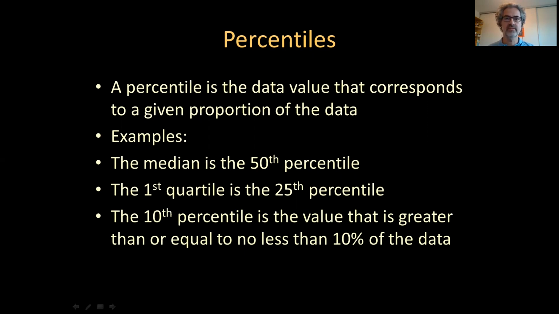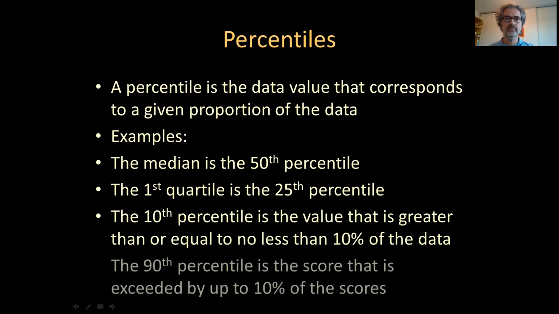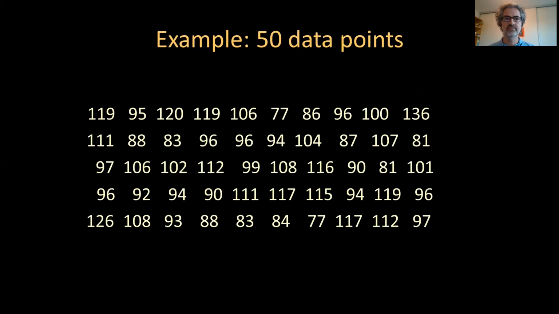So the 10th percentile is the value that is greater than 1/10 of the data and is less than 90% of the data. And conversely, the 90th percentile is the score that is exceeded by up to 10% of the scores. So it is less than 10% and greater than 90%. So percentiles are data values associated with given proportions.